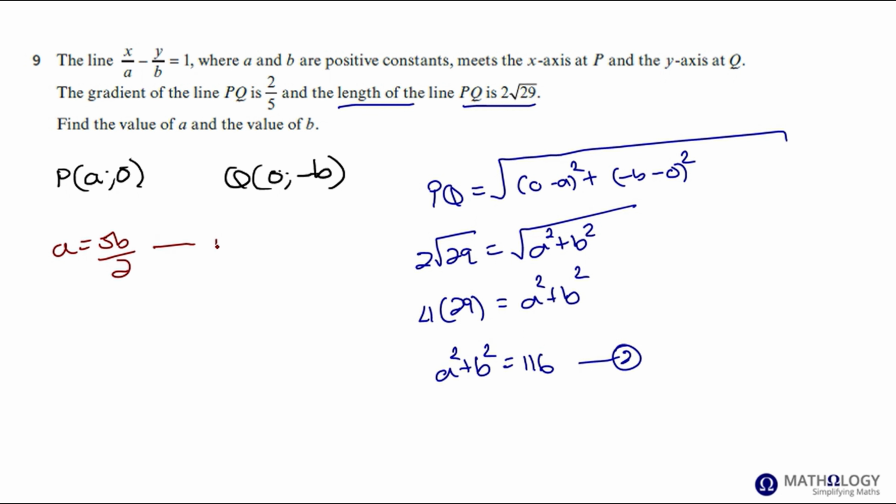In the first equation, a equals 5b over 2. So now we can just substitute this expression for a into the second equation.